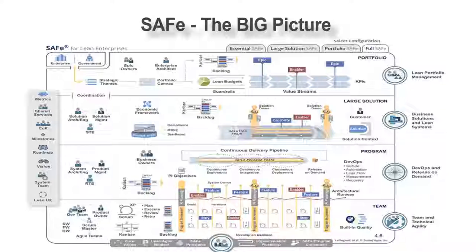Before they came up with 4.6, they had another model, which was the 4.5 model. The 4.5 model is actually where they gave us an option of choosing layers. But before the 4.5 model, when they came up with SAFe 4.0, if any organization had to adopt Scaled Agile into their organization, they had to go with all of the four layers.